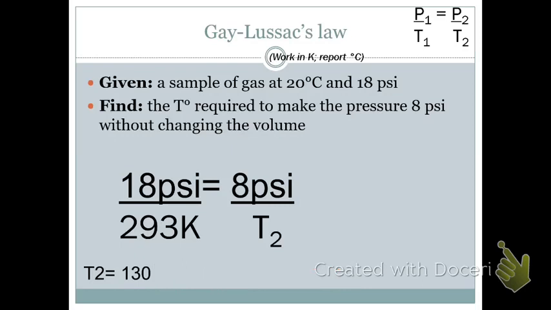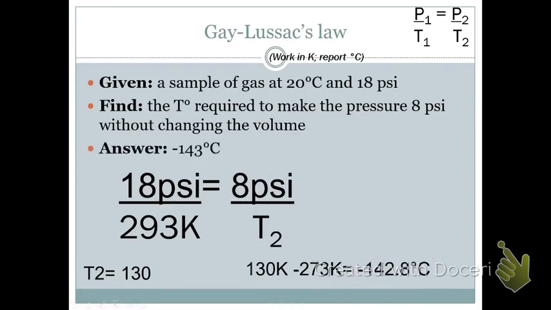And once you do that, your answer should be a negative 142.8 degrees Celsius, which of course will round to a negative 143 degrees Celsius. I gave you degrees Celsius. You give me back degrees Celsius. Remember that degrees Celsius can go as low as a negative 273 degrees Celsius, but it cannot go any further. Okay?